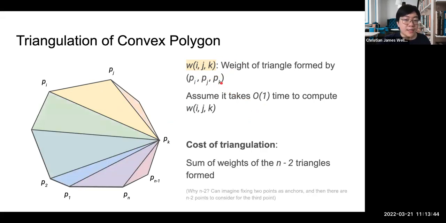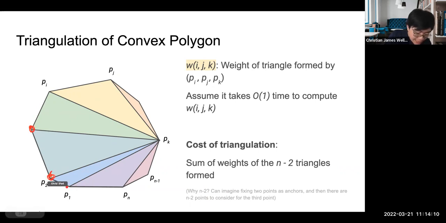So what is the cost of a triangulation of this polygon? If you imagine creating triangles everywhere, using all the possible points and leaving no points behind, notice how there are n-2 triangles. Why n-2? You can imagine you fix 2 points as anchors, maybe this point and this point.